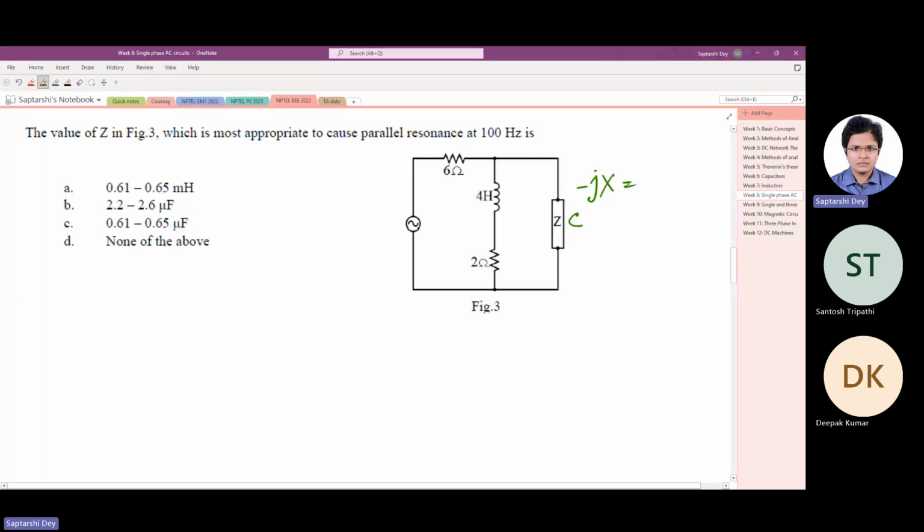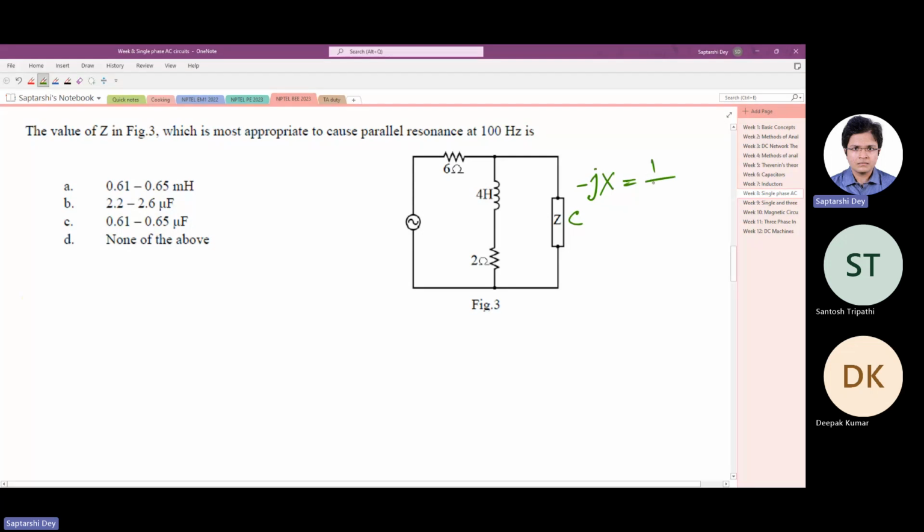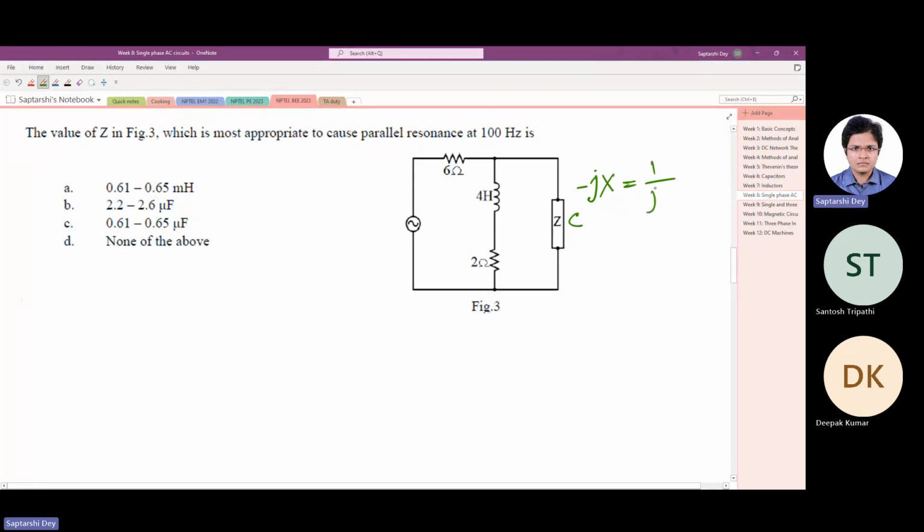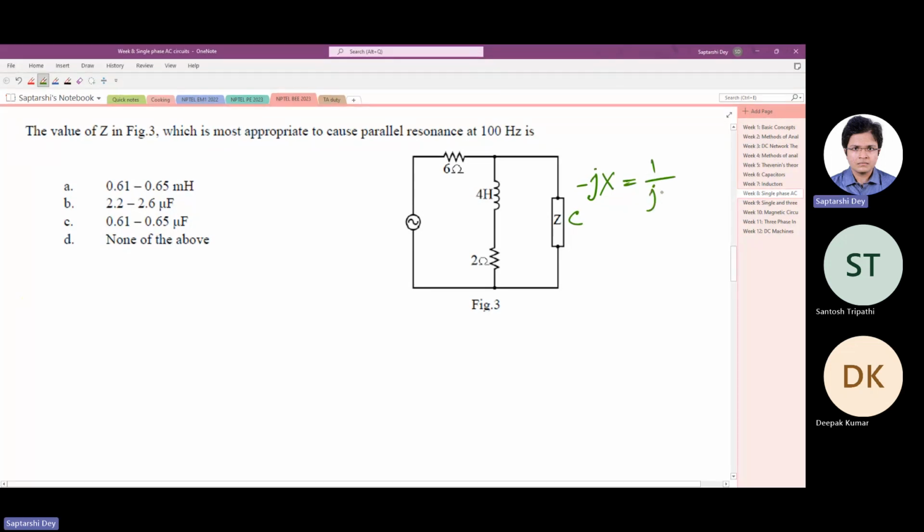So what is minus jX? Minus jX is 1 by j omega C, right? So we have this in parallel.